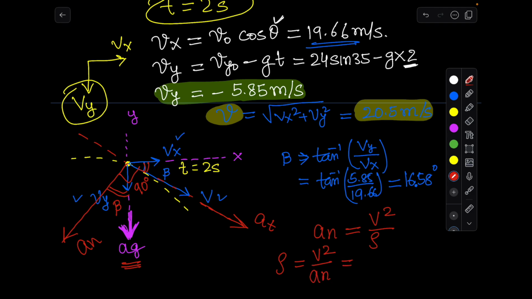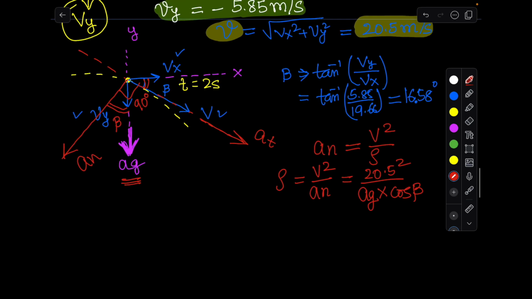Okay, v square is how much? Here we will take this velocity as 20.5 meter per second, and we will square it, and an will be ag multiplied by cos beta. So you can put the values here and calculate the value of rho.